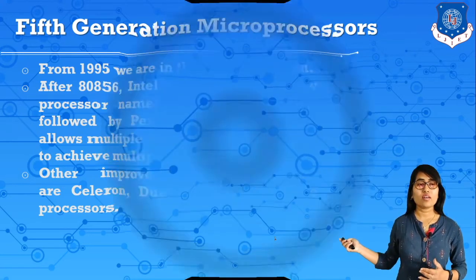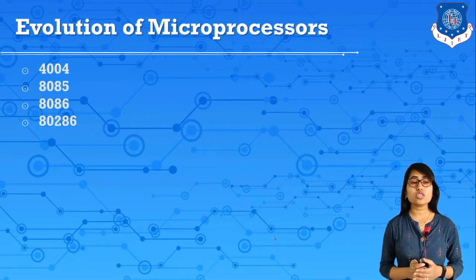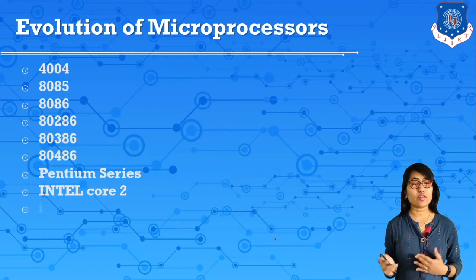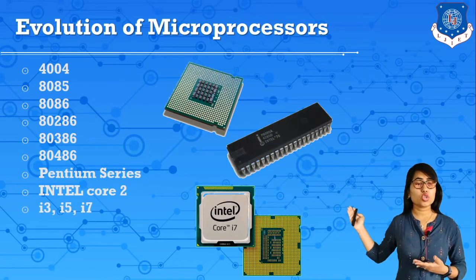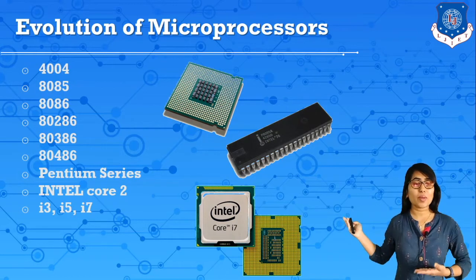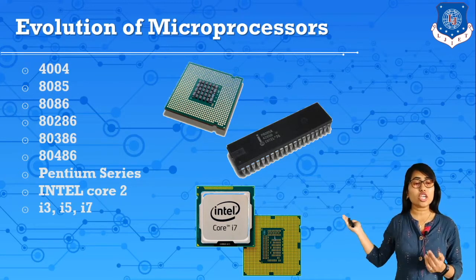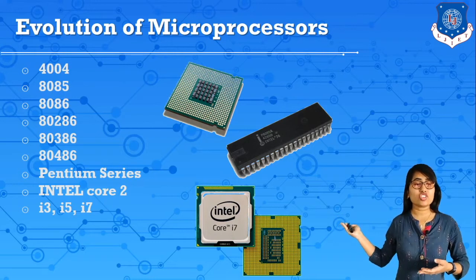Here we have various microprocessors: 4004, 8085, 8086, 80286, 80386, 80486, then the Pentium series like Pentium Pro, Pentium 2, Pentium 3 and so on. Then we have the Intel Core 2 processor, then the i3, i5, i7 generation processors.